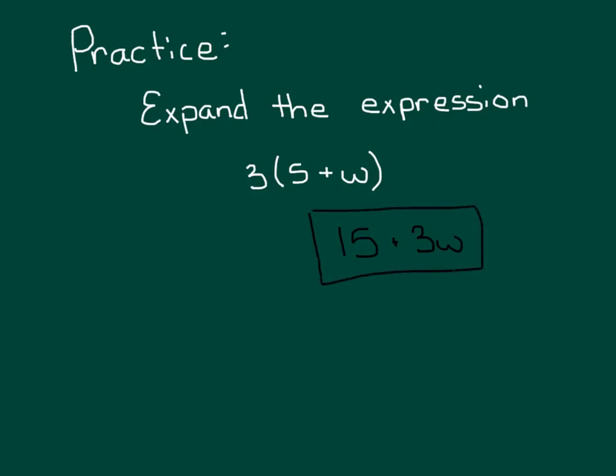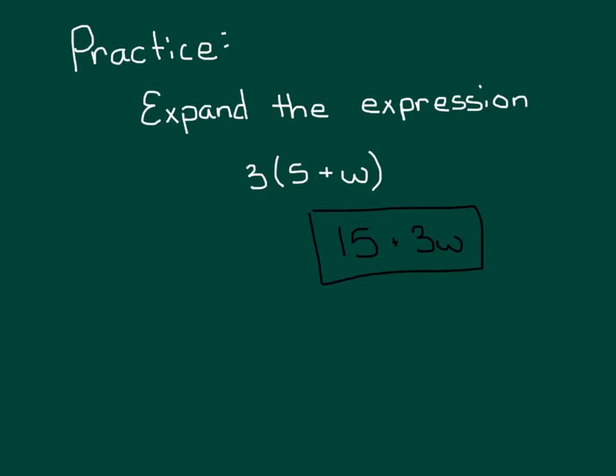15 plus 3w as the expanded form of 3 times the quantity of 5 plus w, excuse me. So here's what we're looking at. So remember that when we expand, we're using that distributive property.